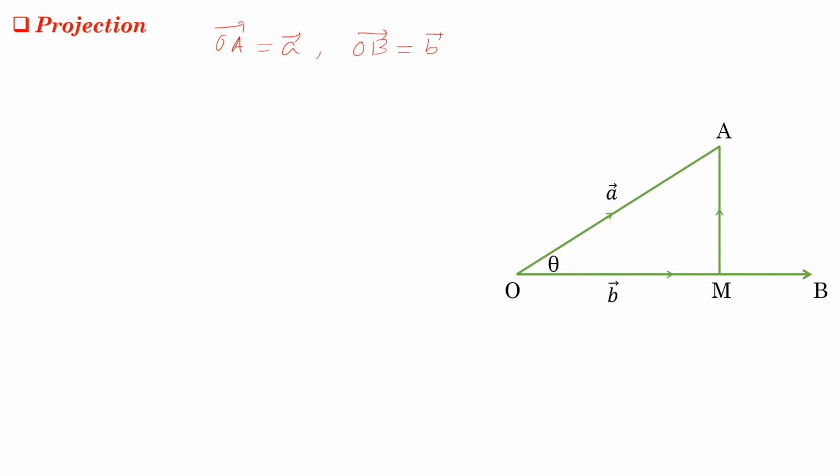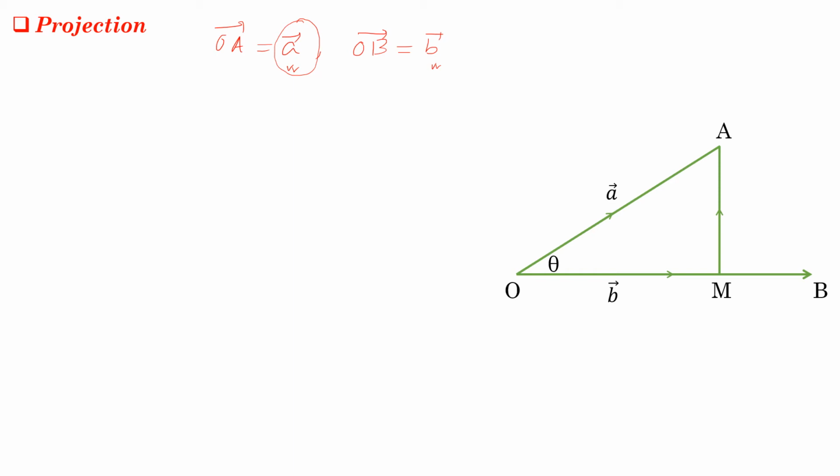And then you see what is projection. Projection means, first of all, say I am taking the projection of the A bar vector on the B bar vector. So what to do? You have to take a perpendicular from the head of the first vector, the one of which you are taking the projection.